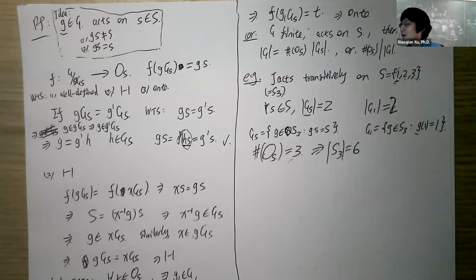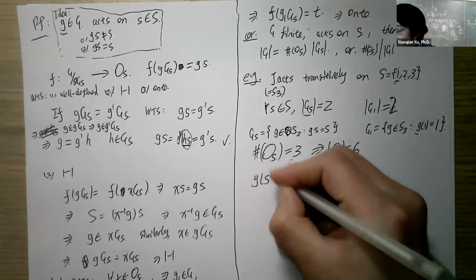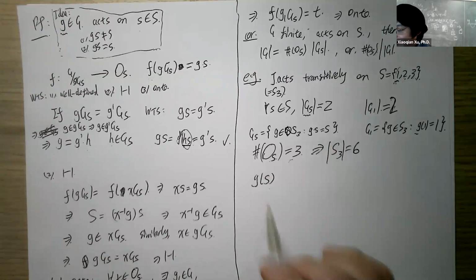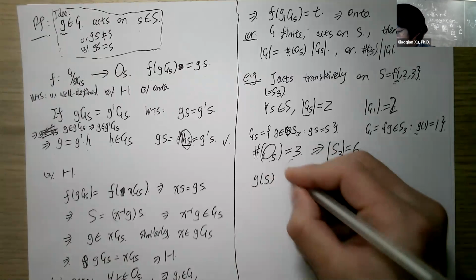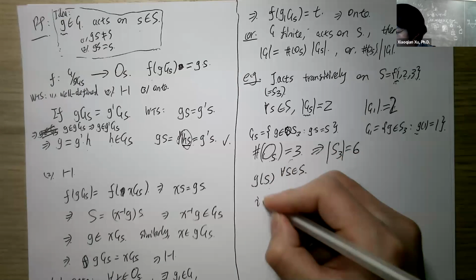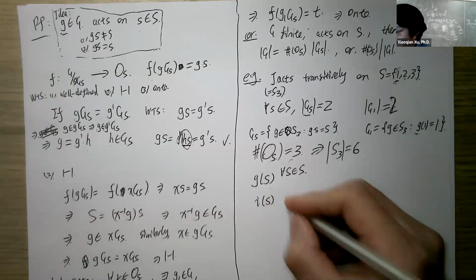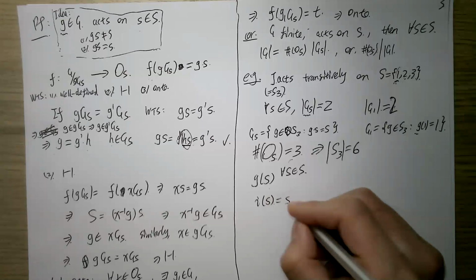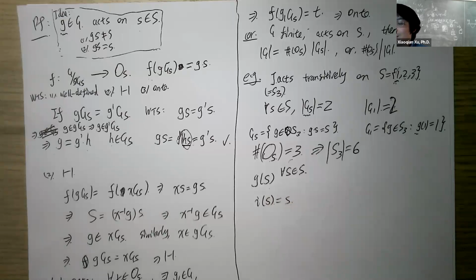Is it possible? No. The only orbit cannot fail to be the whole set, because when we define the action, the action is always well defined on any element of your set. If you use the identity, it always gives you back the element.